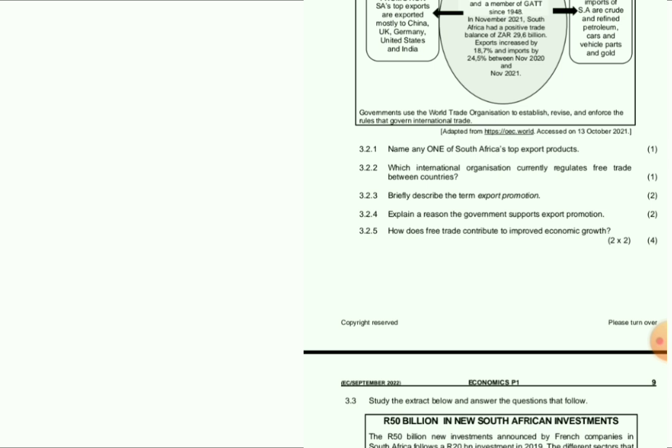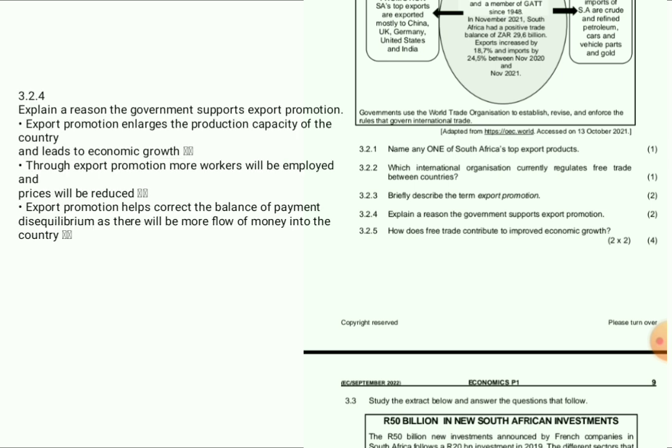Remember, export promotion refers to measures undertaken by the government to encourage local producers to produce more and sell to other countries. So the reason the government supports it is because export promotion enlarges the production capacity of the country and leads to economic growth. Through export promotion, more workers will be employed and prices will be reduced.